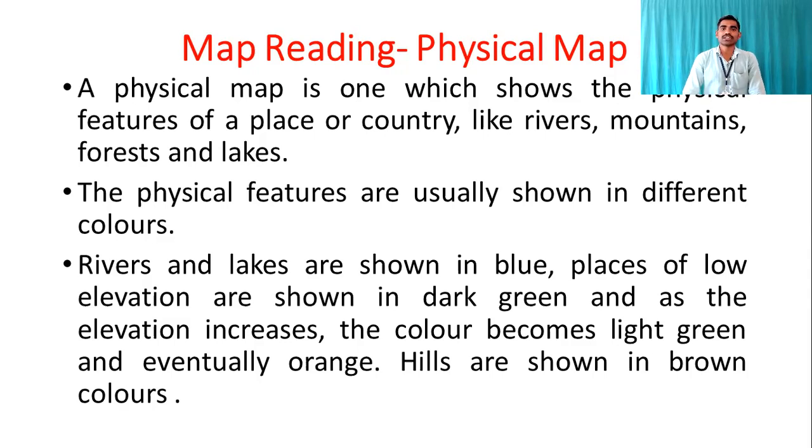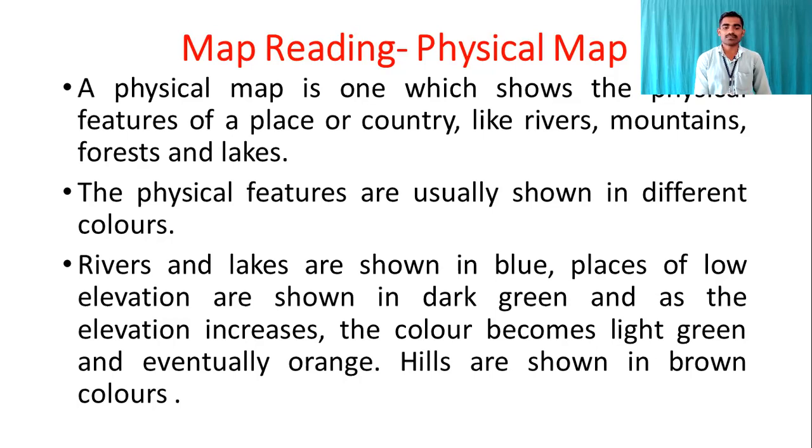For example, here you can see the places of low elevation are always shown in the green color. As the height of a particular place goes on increasing, the color in the map goes on decreasing, or you can say it becomes lighter and lighter. In the same way, hills and mountains are also shown by using different colors here.